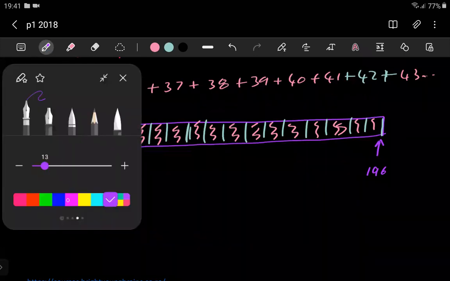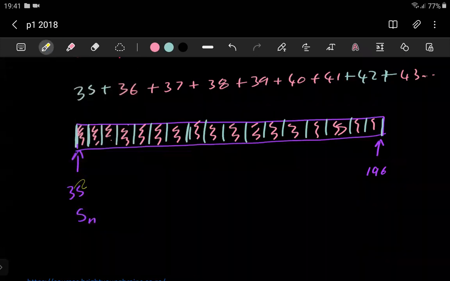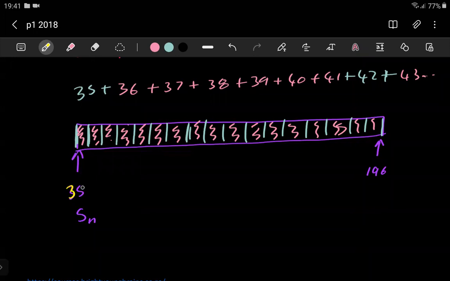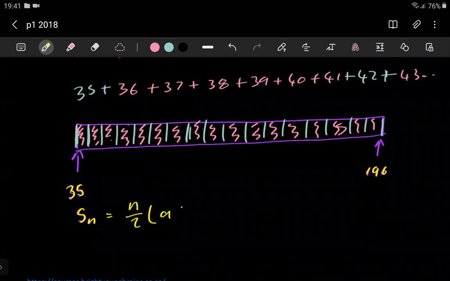Now the idea is, if you're going to add up terms or numbers from 35 to 196, you can use this formula: Sn is equal to n over 2 times (a plus L). This is one of your Sn formulas for an arithmetic sequence.